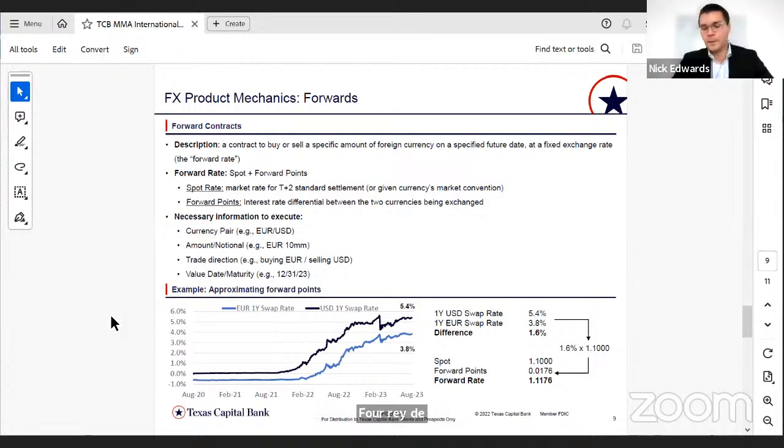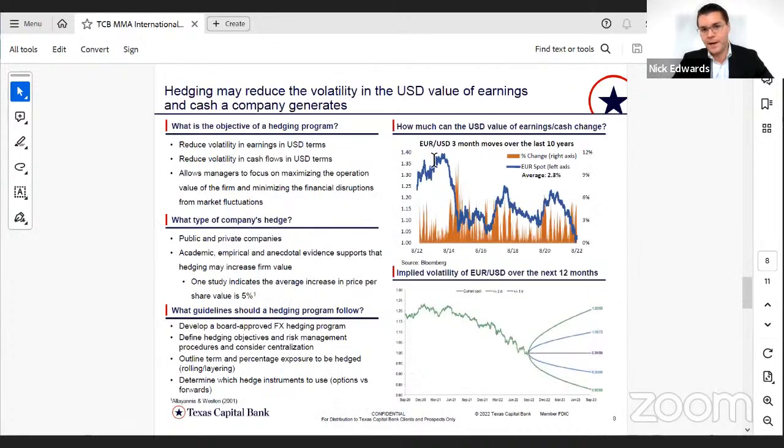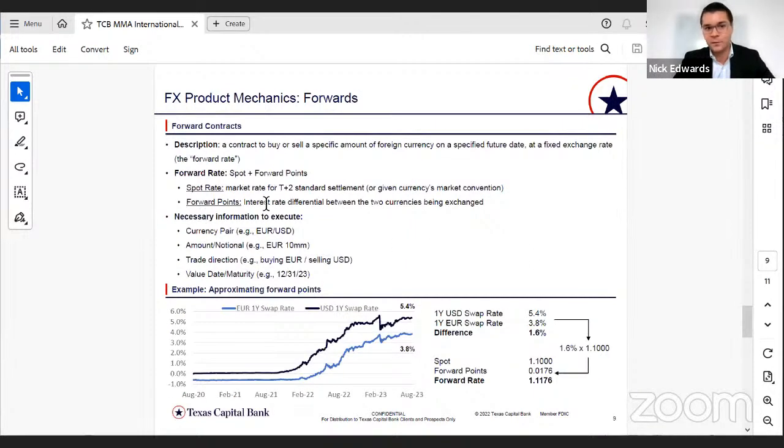Yeah, certainly. The best thing to do with any problem is to start with the simplest components. So again, the spot rate is simply the market rate. That is just where the currency is if you wanted to receive it tomorrow or the next day. We call it the cash exchange. So that's the first piece that we would use to calculate the forward rate. The next piece is the forward point.